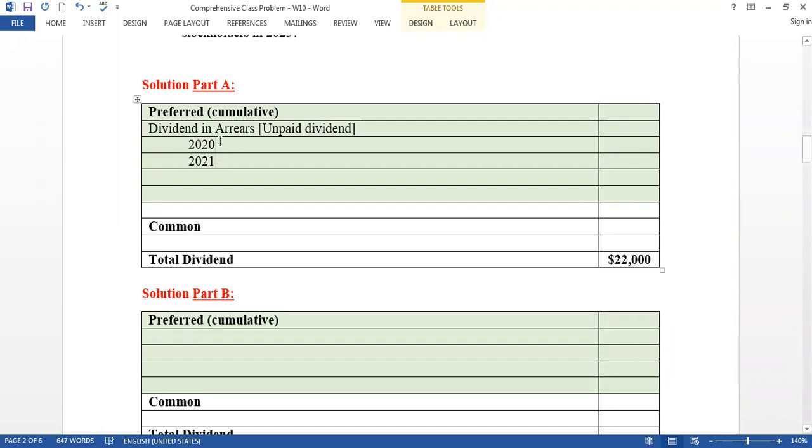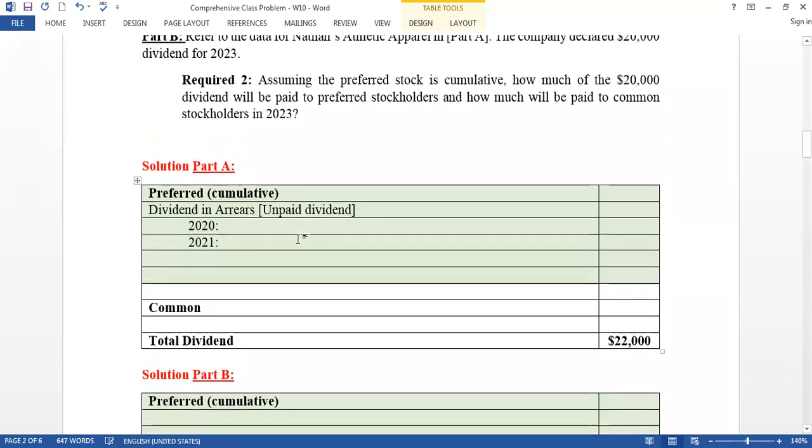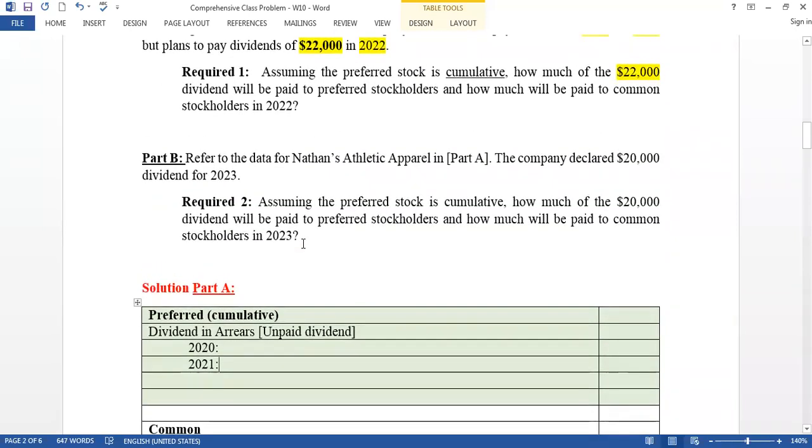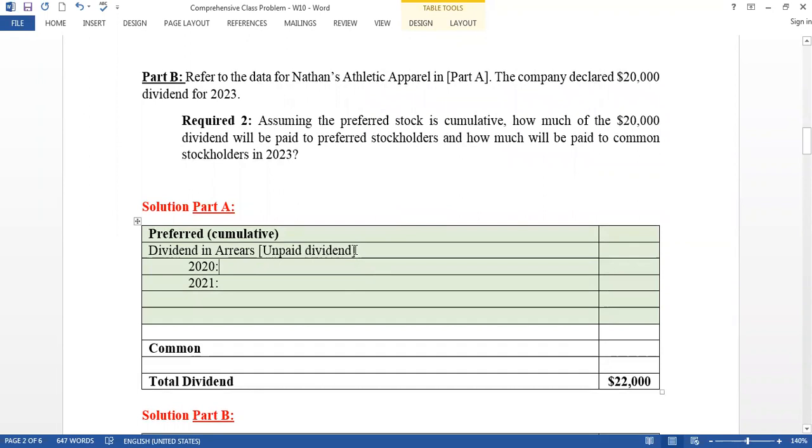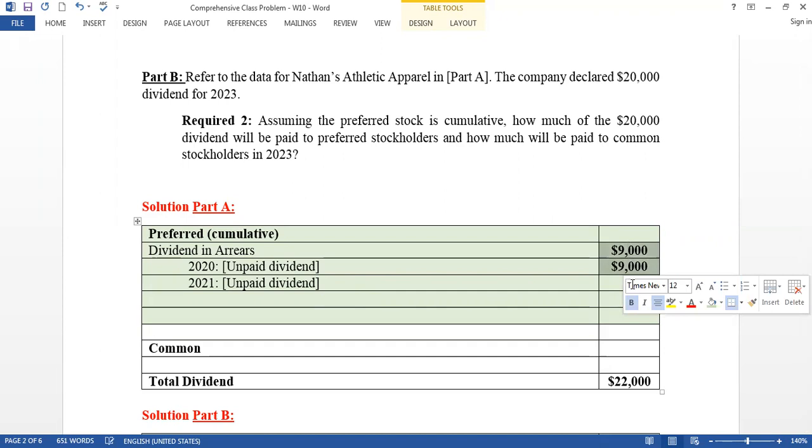These 2 years, the company did not pay any dividend, so these people will receive this dividend first. That means 2020 unpaid dividend and 2021 unpaid dividend. According to this question, we already know the dividend is 9,000 and 9,000. They are going to receive this unpaid dividend first.